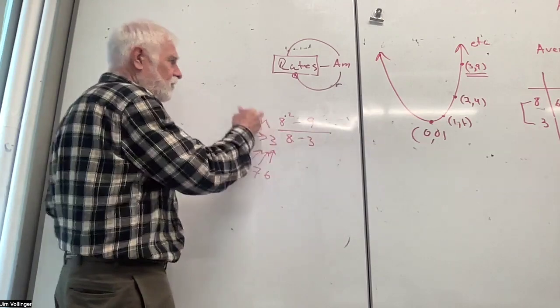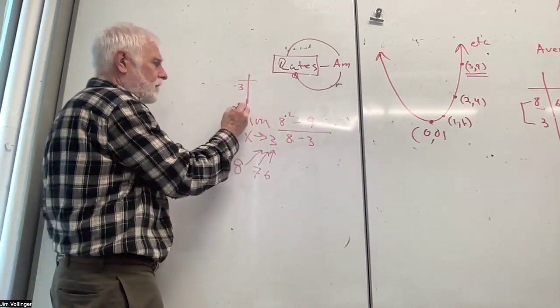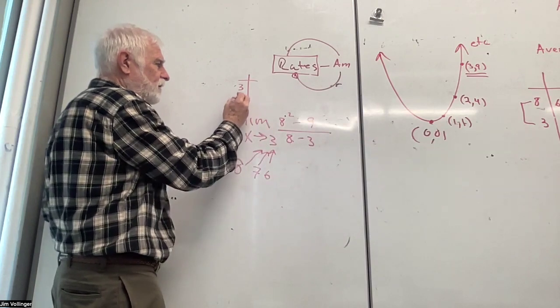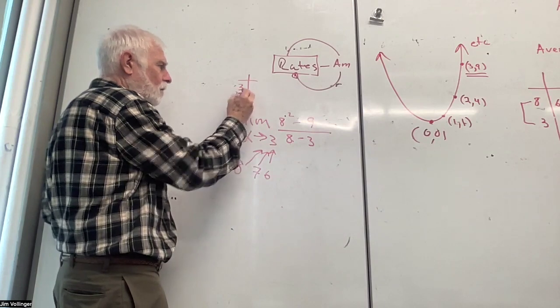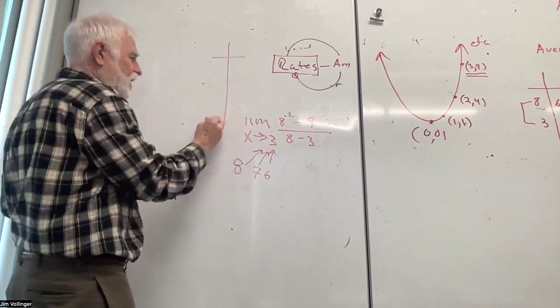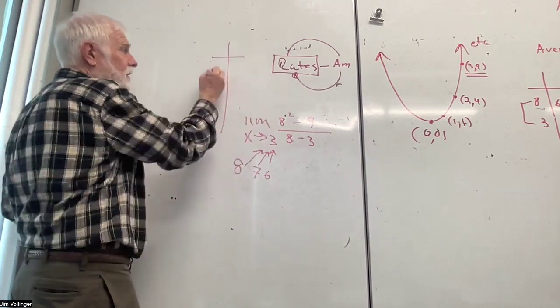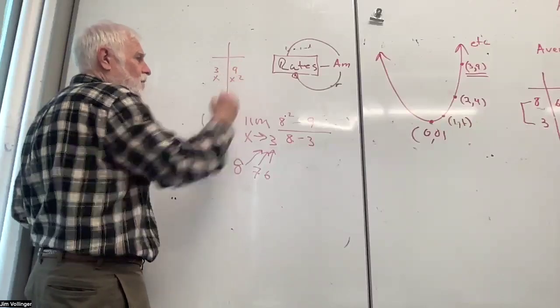But these values, right, to 3, started at 8, went to 7, went to 6, went to 5, went to 4, went to 3.01, so on and so forth. I'm changing my x's so that they're close to 3. That's 9, that's x squared.